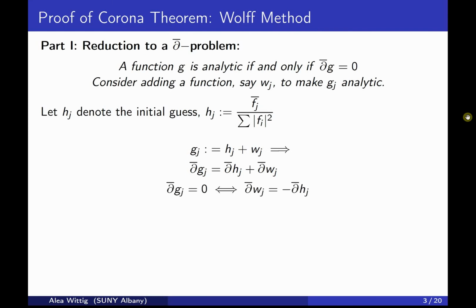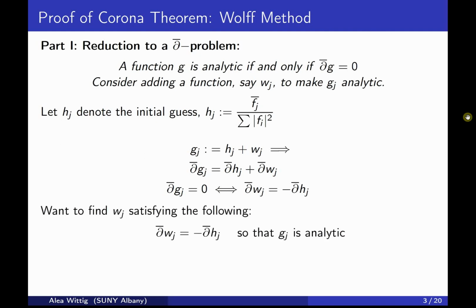So that d bar g is equal to 0 if and only if d bar w is equal to negative d bar h. So we want to find this w satisfying this d bar equation, which will make g_j analytic.